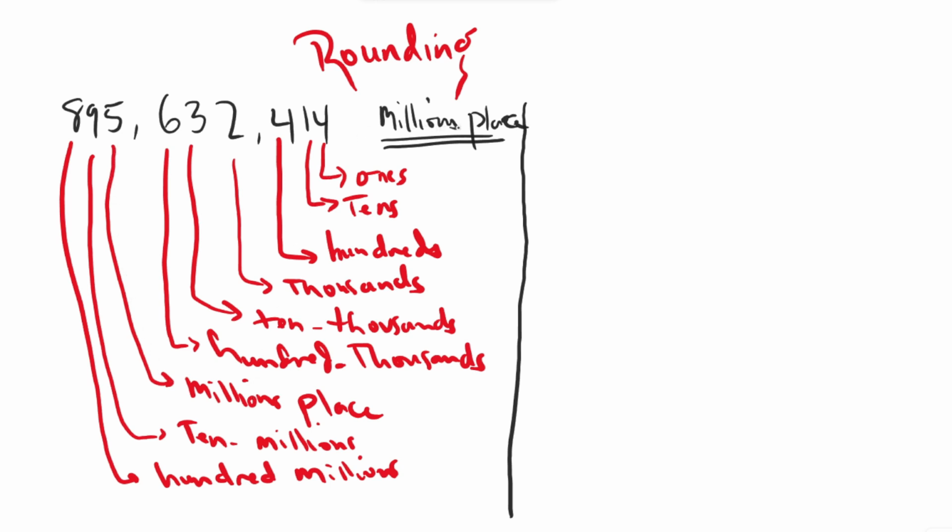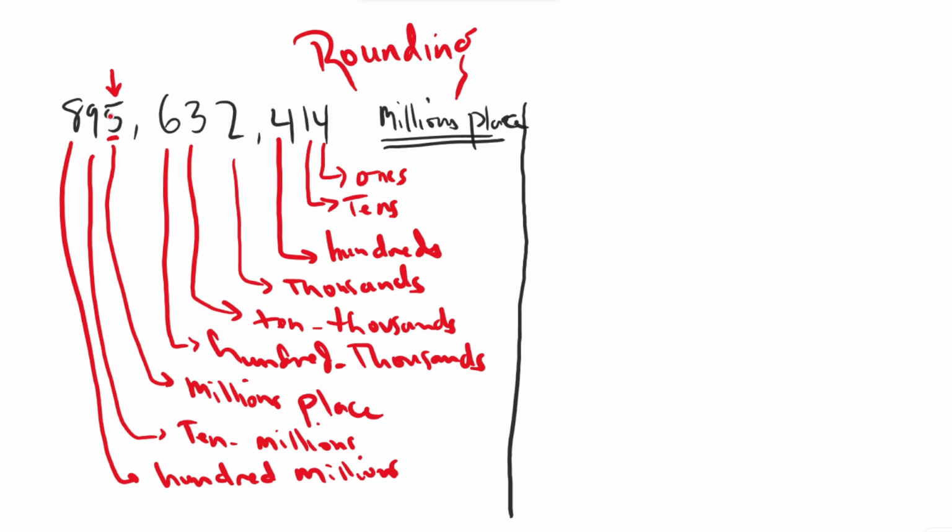Once you find the digit you want to round, you underline it. You call this the target. The number you need to round is called the target.